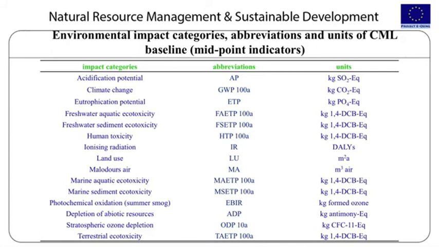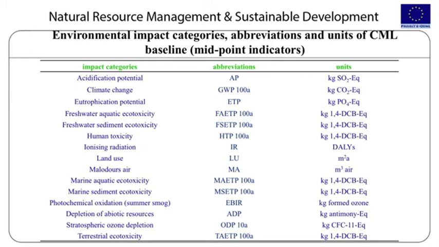In midpoint indicators, different environmental impact categories are expressed in different equivalent units according to their damage potentials. Let's give an example. Climate change or global warming is caused by carbon dioxide, methane, CFCs and many other substances.